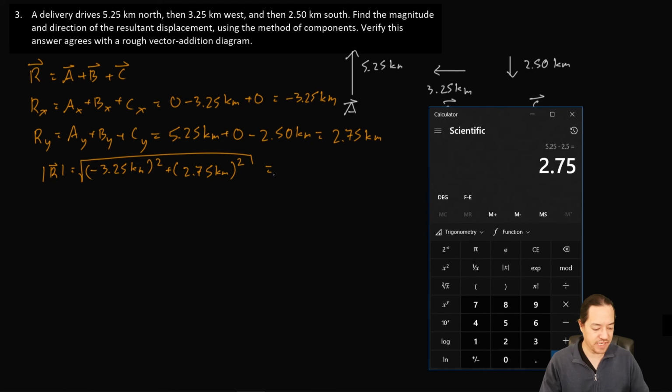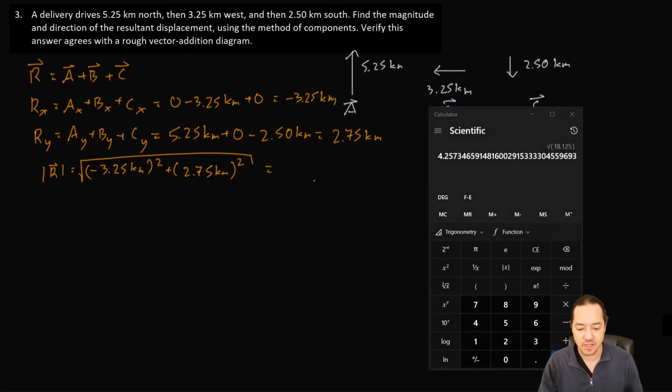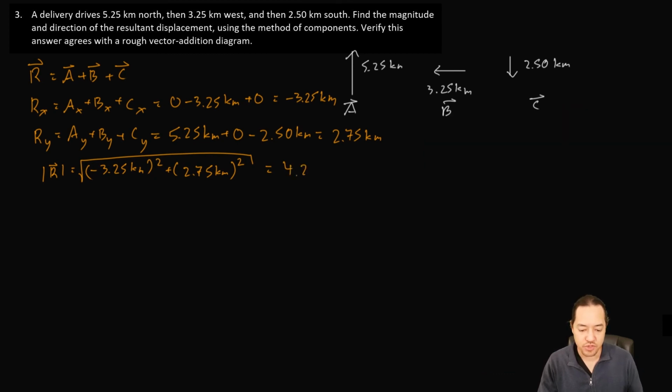So let's do that real fast. 2.75, we're going to square that, save that amount, and then we have 3.25. We're going to square that, add that to our memory, and that's our total amount. We take the square root, and it's going to be about 4.26 kilometers for the resultant vector.